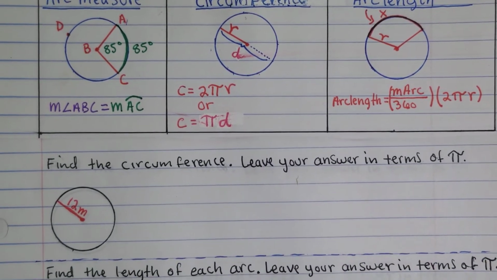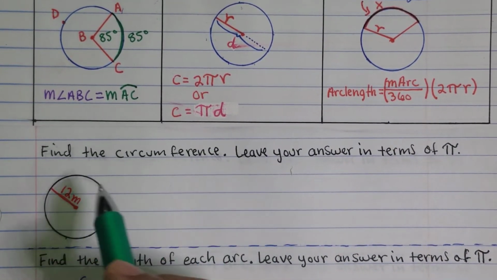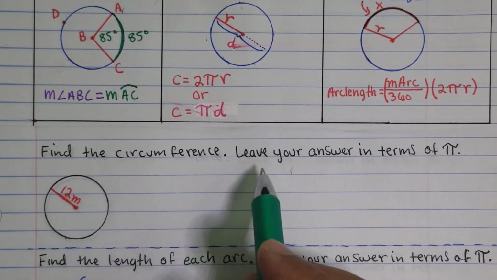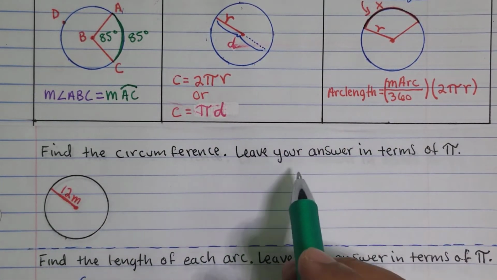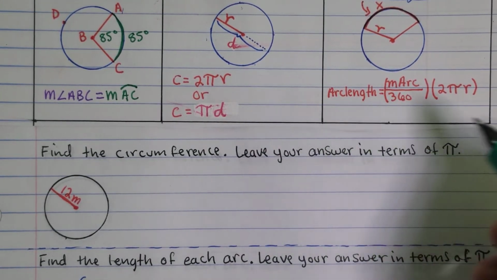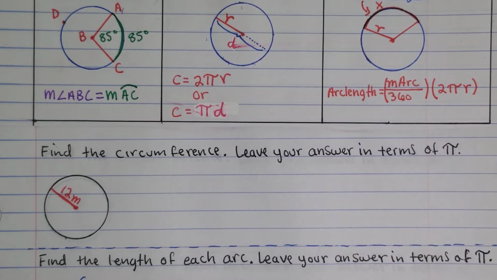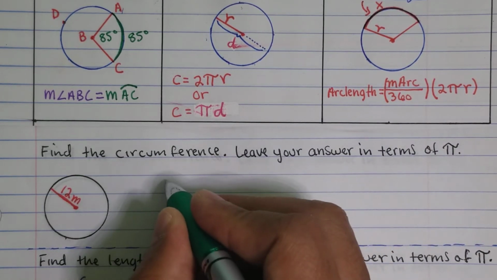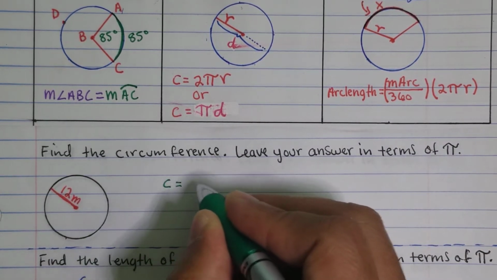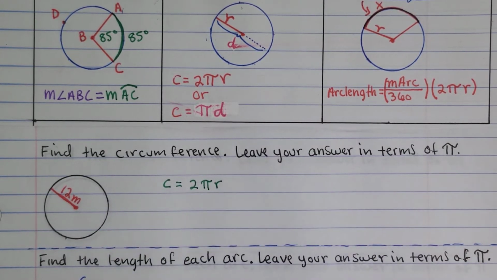So for this next example, this one is asking us to find the circumference, and they want us to leave your answer in terms of pi. That means you're just going to compute the numbers, but at the end, you're not computing pi in your calculator. So I'm just going to state the formula for circumference. This is equal to 2 pi times the radius.